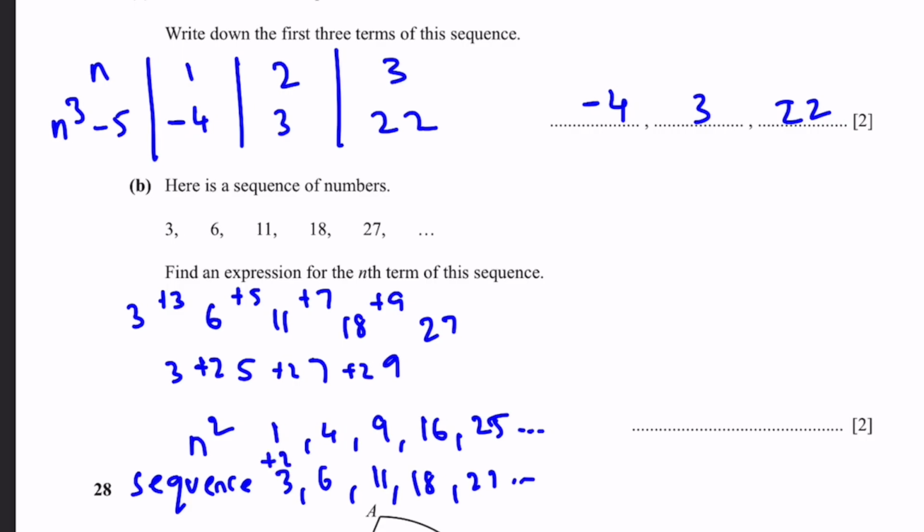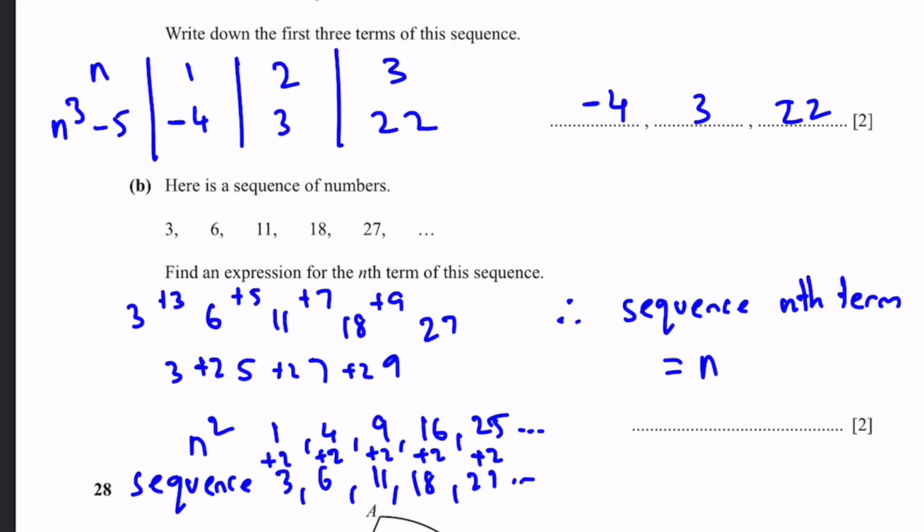So we need to add 2 to n squared for each of these to get the sequence, and therefore the nth term is equal to n squared plus 2. That's the answer. Substitute any value of n and you'll get these values. Substitute n as 1, you'll get the answer 3. Substitute n as 2, you'll get the answer 6, and so on.